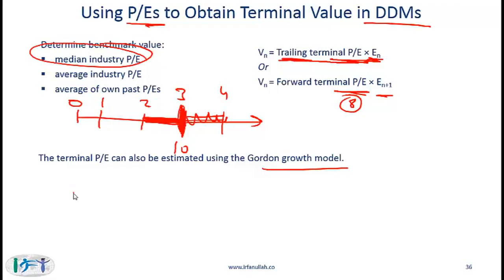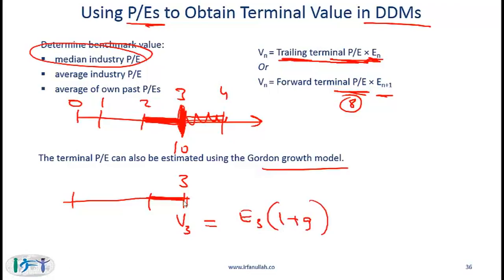So if we do the same scenario, year 3, how do you do the Gordon growth model? If you have earnings for year 3, then what's the value here? This would be equal to E3 into 1 plus G, because remember, value over here means that you really need the estimated earnings for year 4 divided by R minus G.